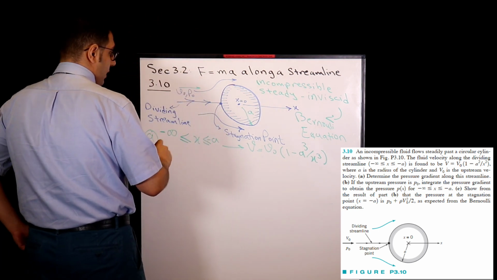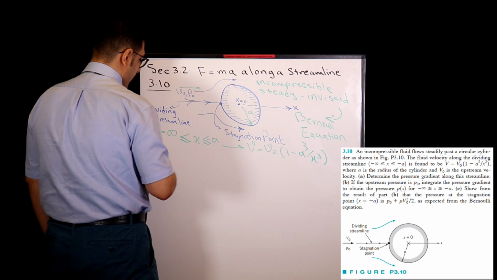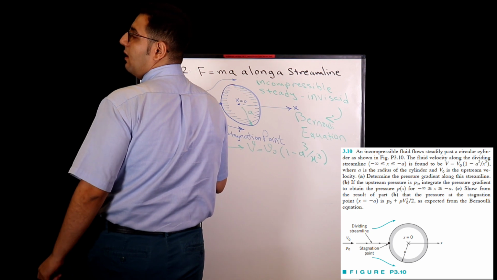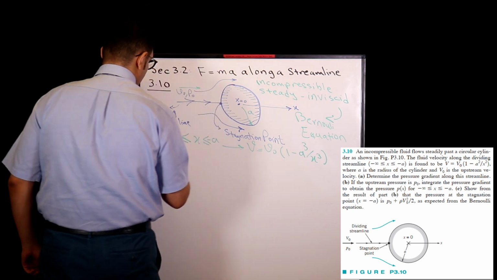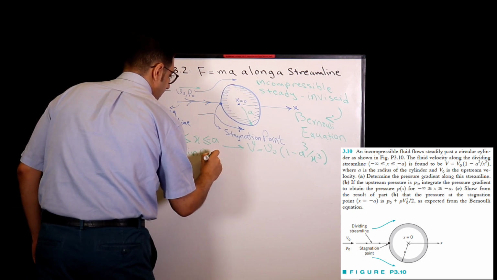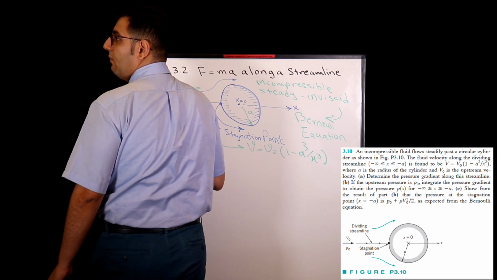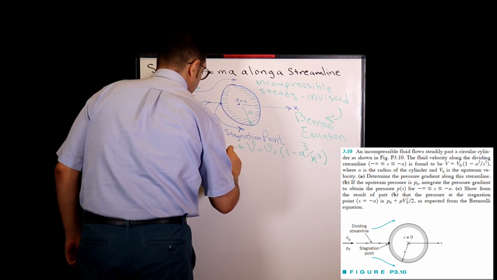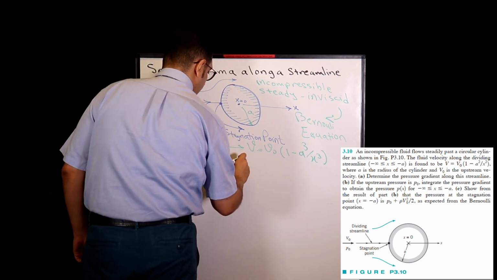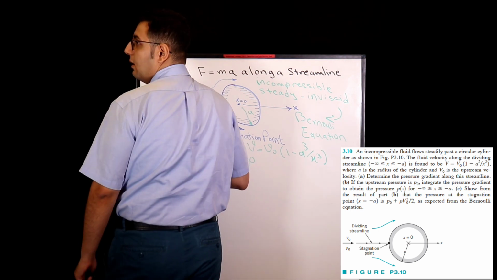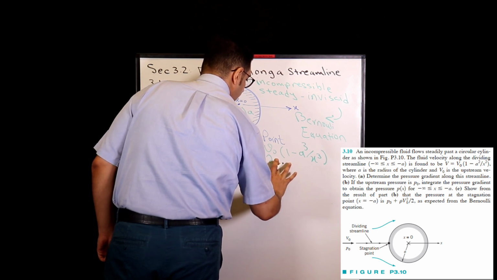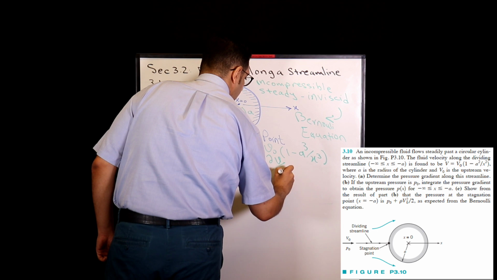If we write the Bernoulli equation for part A, we're going to have it as this: minus gamma sine theta minus ∂p/∂x is equal to minus rho V ∂V/∂x, that is, ∂V/∂x.